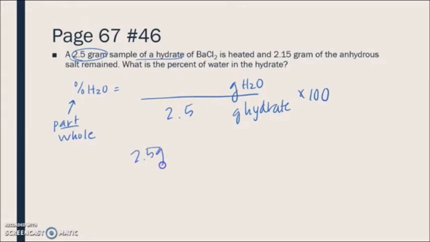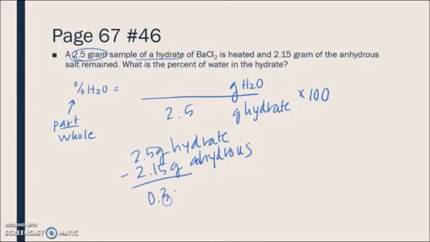That's the one that you have to solve for by doing the hydrate minus the anhydrous. Oh, and you only need one decimal place, so you should be using that for the water.